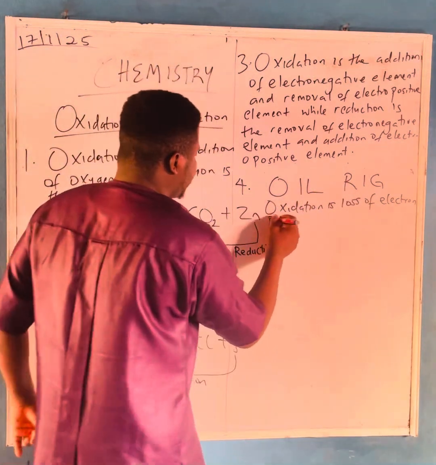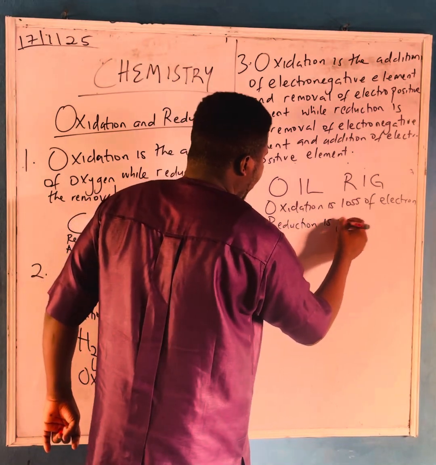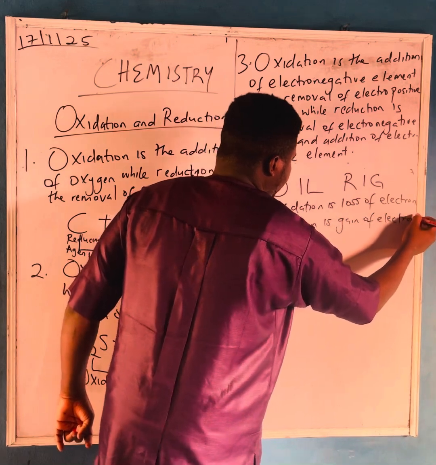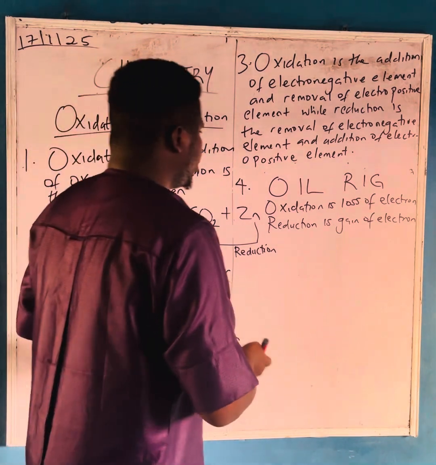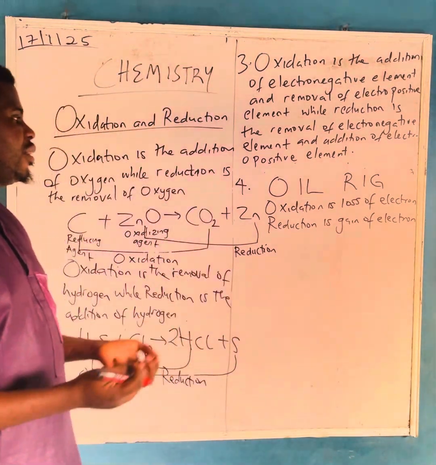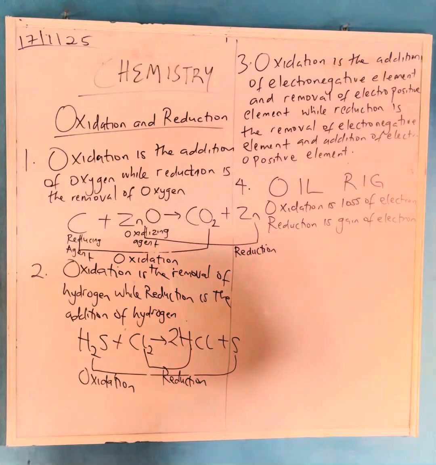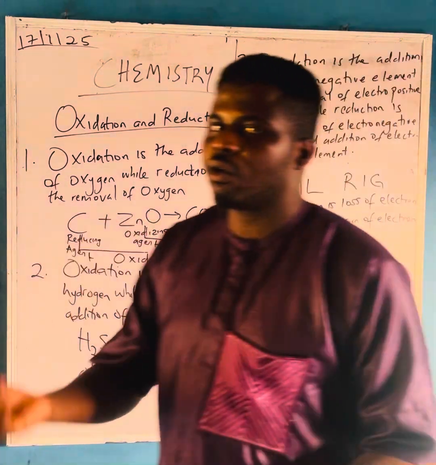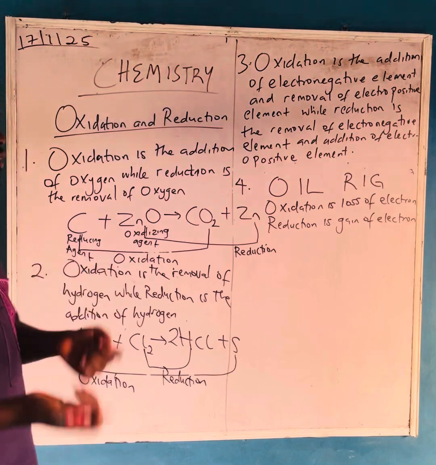Then reduction is gain of electron. Oxidation is loss of electron, and reduction is gain of electron. So if you see any chemical reaction, the moment you see that an element is losing electron, just know that oxidation is occurring. And if it is gaining electron, just know that reduction is occurring.